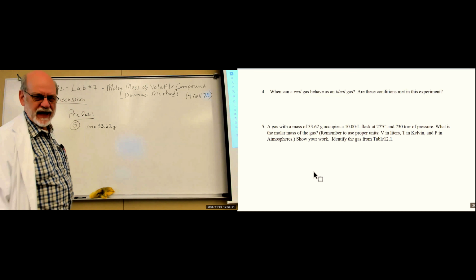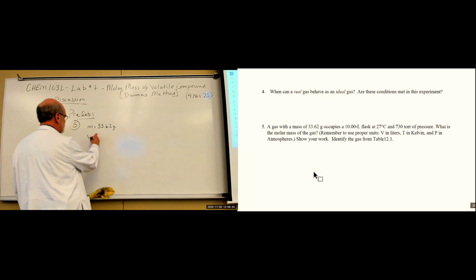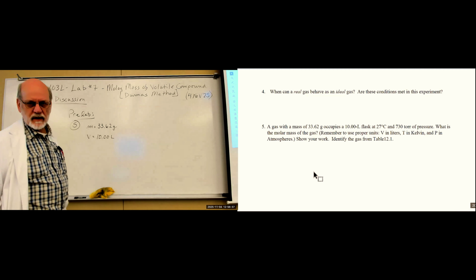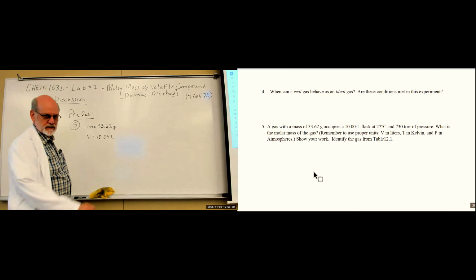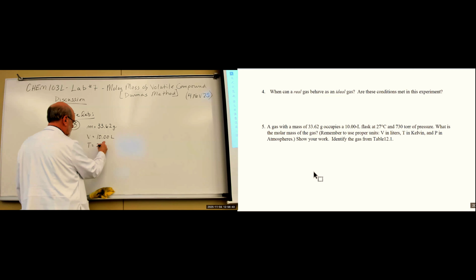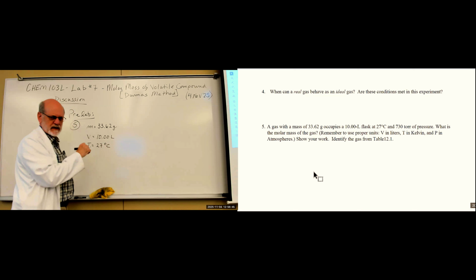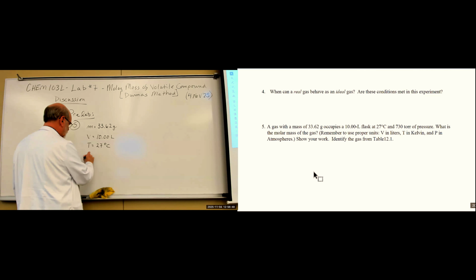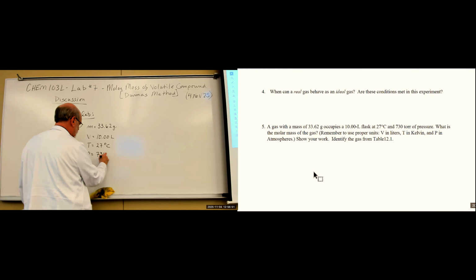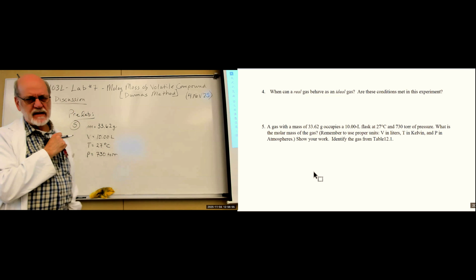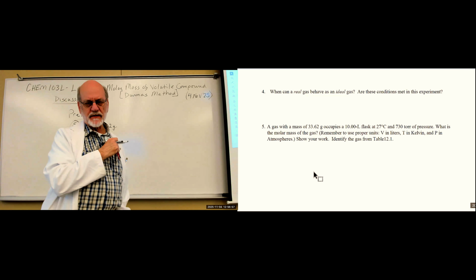Occupies a 10-liter flask. Well, the volume is 10 liters at 27 degrees. Temperature equals 27 degrees C and 730 torr. Pressure, 730 torr. What's the molar mass of the gas?